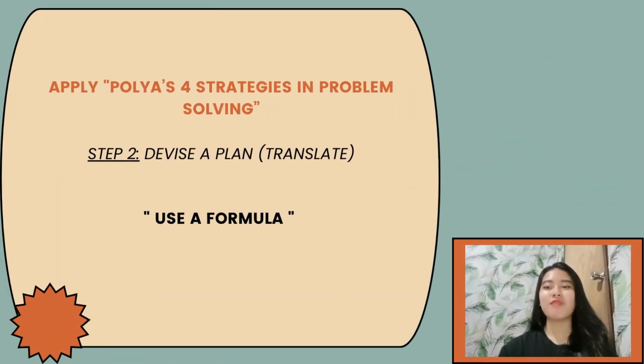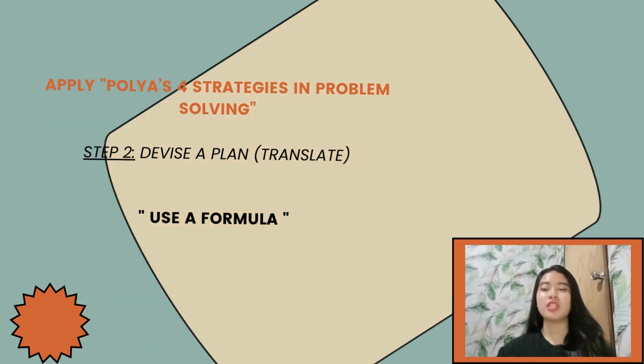Now that we have analyzed what questions we need to solve, we proceed to the second step, devising a plan, in which we need a formula to guide us. This leads us to step 3, carrying out the plan by solving it using the formula.